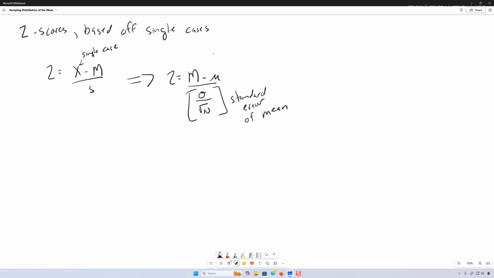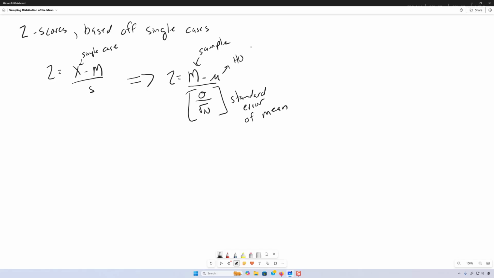And what does that mean? So this is a sample mean. So we're no longer comparing a single case. We're comparing an entire sample to see where the sample is relative to all other samples that make up the population, right? And this population generally represents the null hypothesis.